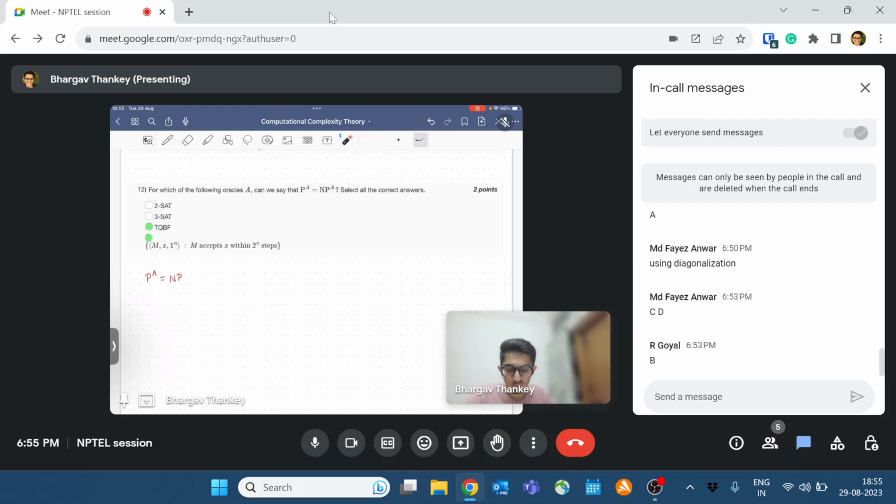Okay, that I'll prove. But do you see why 3 SAT won't work? In fact, NP to the 3 SAT, what is this? We have seen what this is.